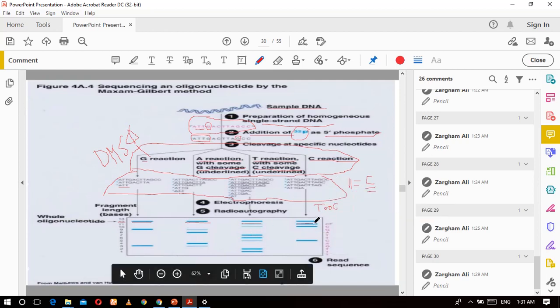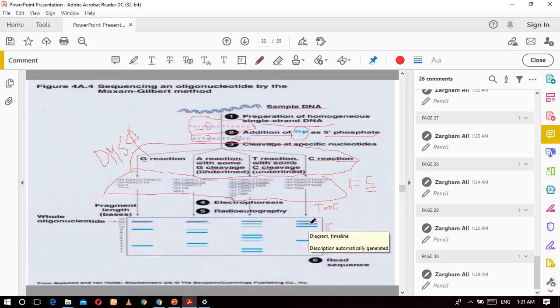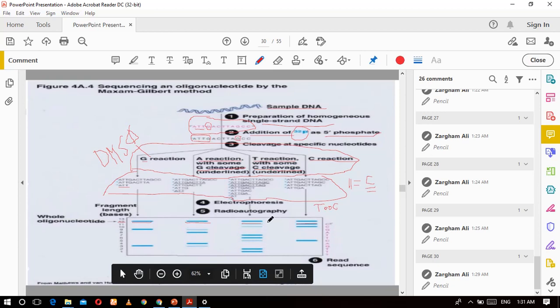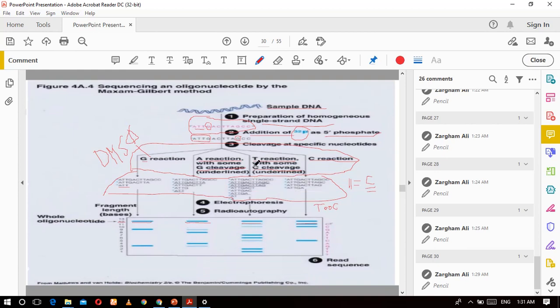Because at fragment size 11 we have a C, but at 11 we also have a T and C band. So this means we should have a C there, because that reaction has the ability to cleave both C and T. And so there we have a C.